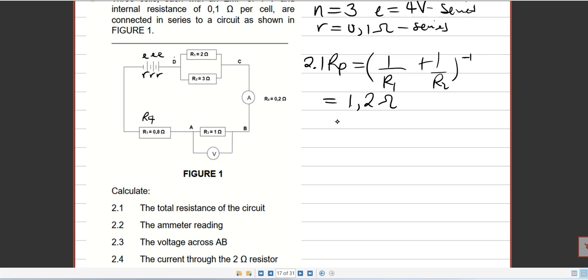From here, you may find the total external resistance. To find the total external resistance, you will add all these other resistors. So it's going to be Rp plus your Ra, which is this one. Oh, they labeled it as R4. It's supposed to be Ra, then that would be R4, but that's okay. Plus R3 plus R4.